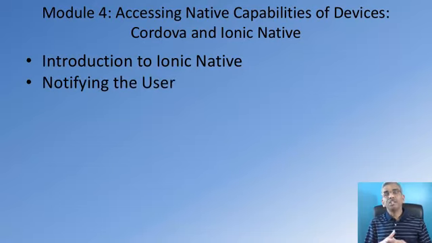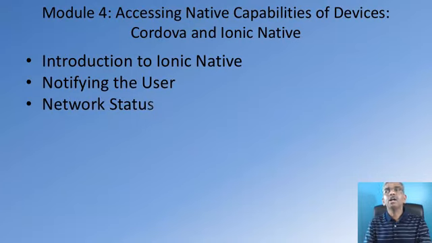We'll look at, for example, how we can use the local notification support available within our native platform and how we can deliver notifications to the user. We'll look at how we can examine the network status and take action based upon connecting and disconnecting our device to the network and dealing with situations where we lose access to the internet within our Ionic application.